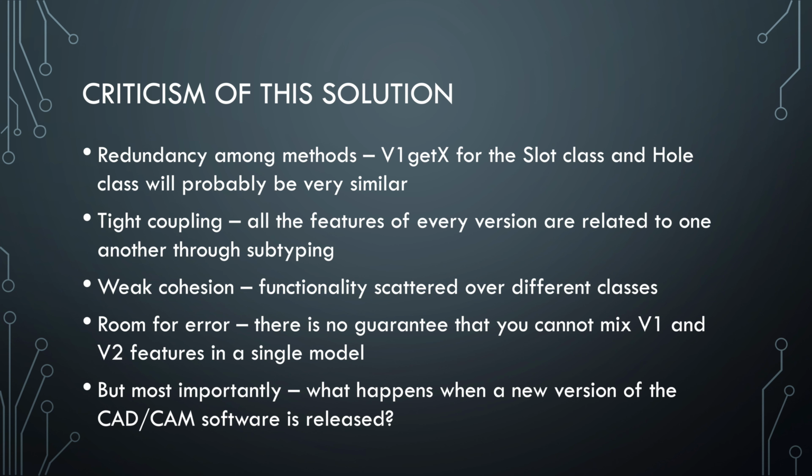Cohesion is weak, because functionality is split over many classes. Also, versions of features are not linked. So this design allows you to mix V1 and V2 features in the same model. If a new version of the CAD/CAM software is released, you need to add an extra class for each feature in the system, and this is a lot of work.